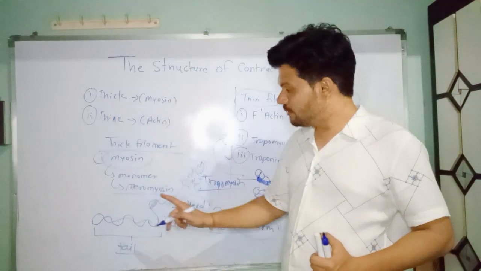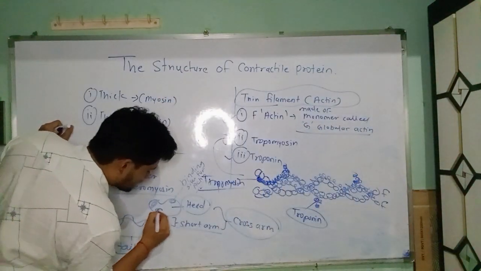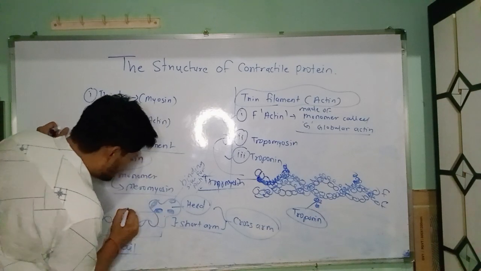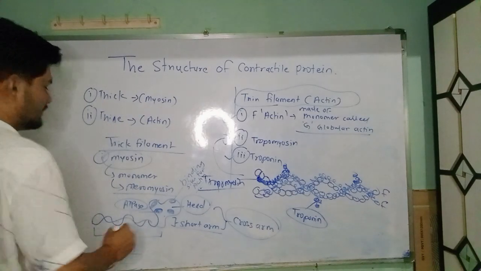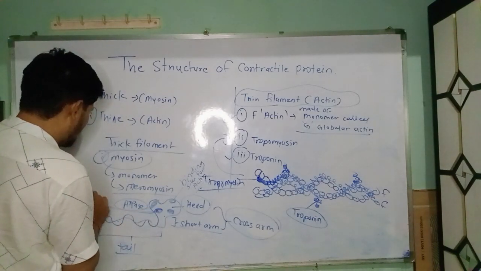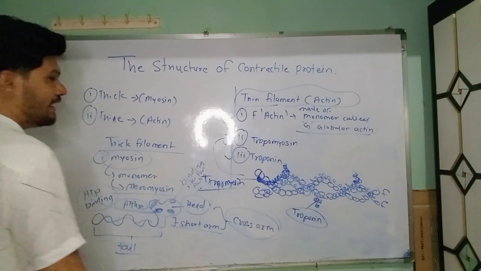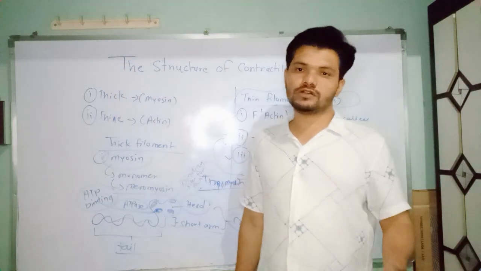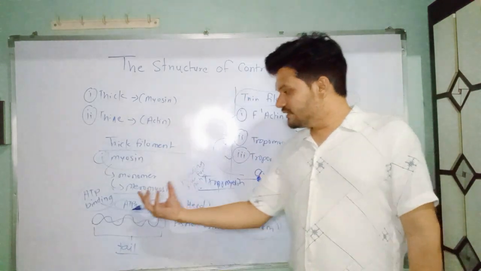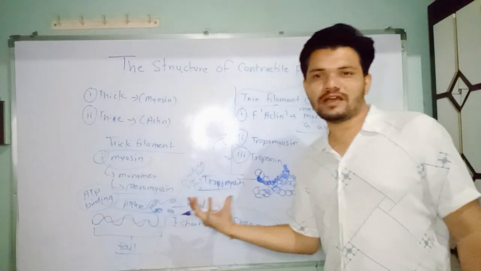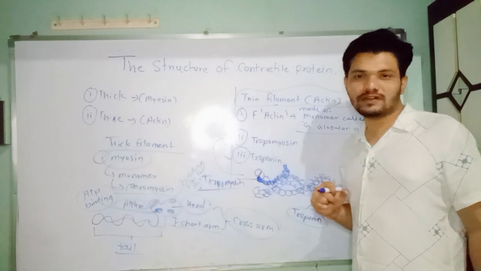Then there is another site called the ATP binding site, where the ATPase enzyme is. ATP is going to bind here and then be converted to ADP and phosphate, and the energy released helps this meromyosin to bind the binding site of the actin filament.